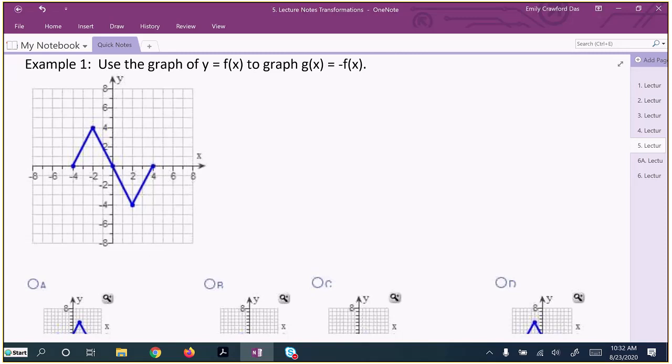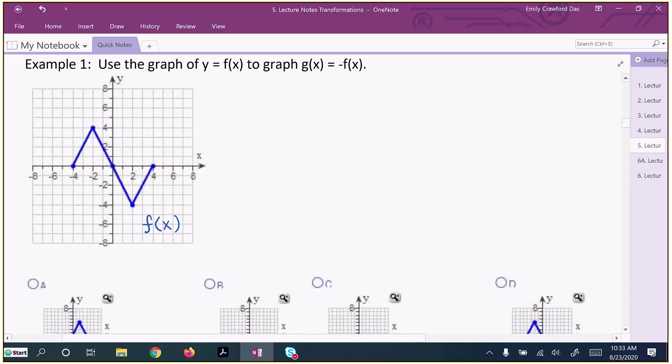Our first example asks us to use the graph of y equal to f of x, as pictured here, to find the graph of g of x equal to negative f of x. So negative f of x is a transformation of the graph. The first question, as always, that I want to ask myself is, am I transforming the x-coordinate or the y-coordinate?